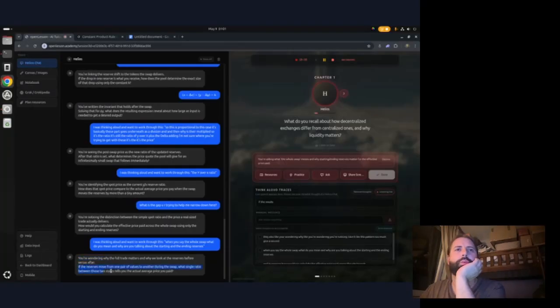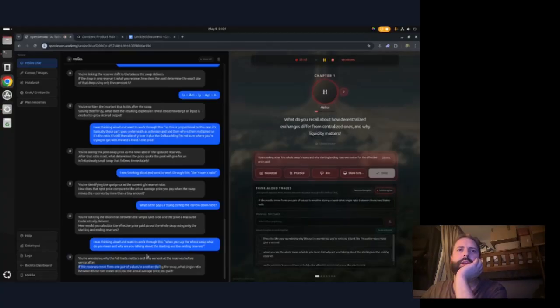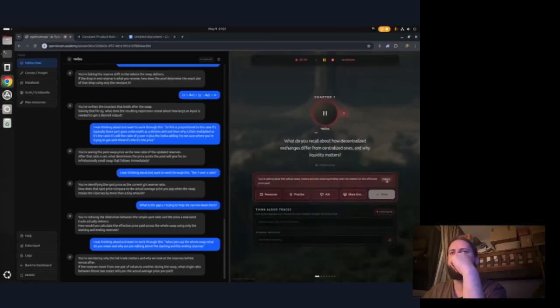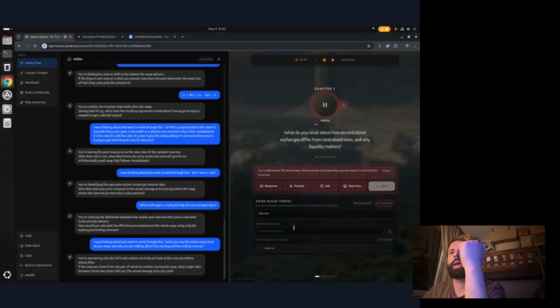If the reserves move from one pair of values to another during a swap, what single ratio between those two states tells you the actual average price you paid? X over, no, y over x plus the delta of x.